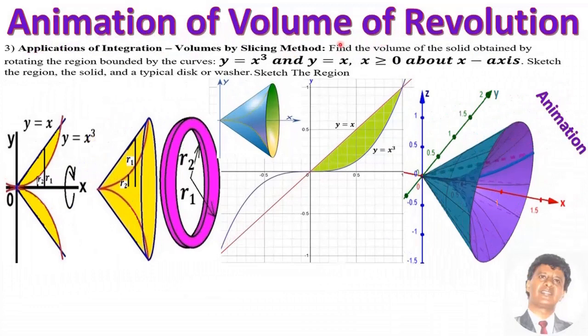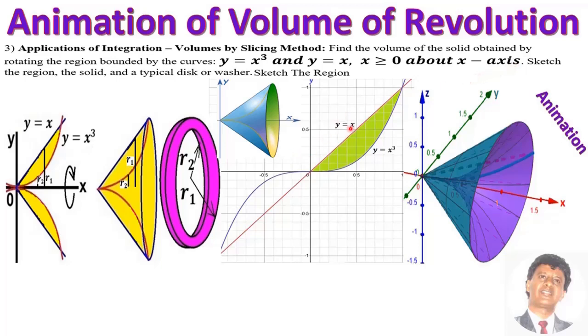Okay, so this is the animation of volume of revolution. This animation is from Calculus 2, Exam 2 review. The first one is: find the volume of the solid obtained by rotating the region bounded by the curves y equals x cubed and y equals x, where x is greater than or equal to 0, rotated about the x-axis.